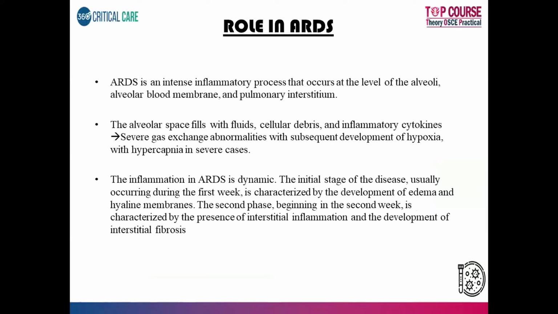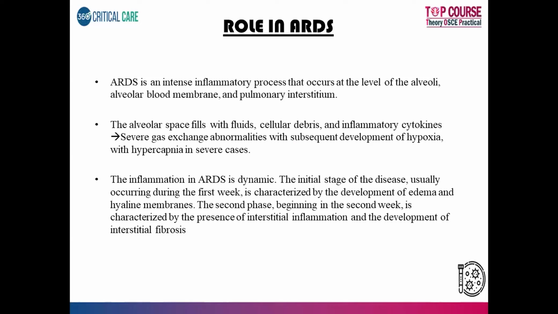As we all know, ARDS is an intense inflammatory process which occurs at the level of the alveoli, the alveolar blood membrane, and the pulmonary interstitium. When this happens, the alveolar space is filled with fluids, cellular debris, and inflammatory cytokines, all of which lead to severe gas exchange abnormalities with subsequent hypoxia, and in severe cases it may even lead to hypercapnia.